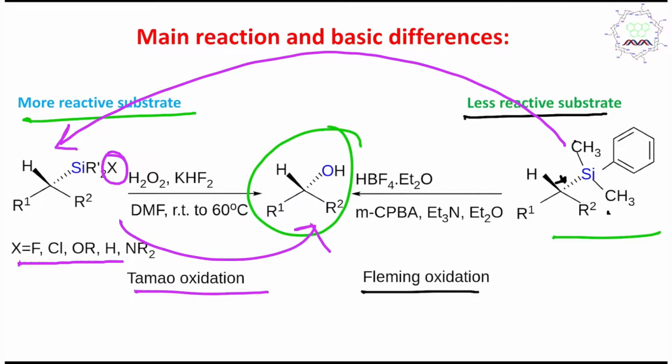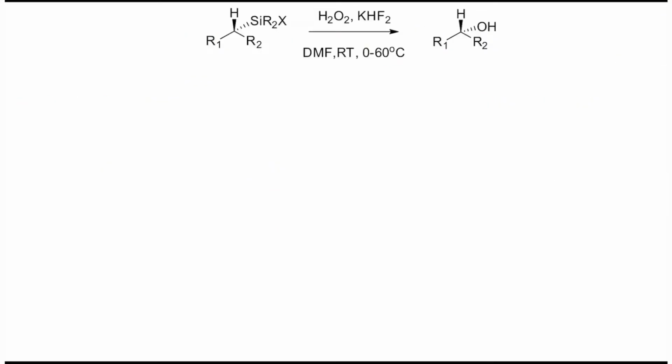We shall learn everything step by step, but before going to details, let's learn about the first reaction, that is Tamao oxidation, where the silane is oxidized using hydrogen peroxide as oxidant and potassium bifluoride as fluoride source, with DMF as a solvent, and the reaction condition is pretty mild, 0 to 60 degrees centigrade is enough.